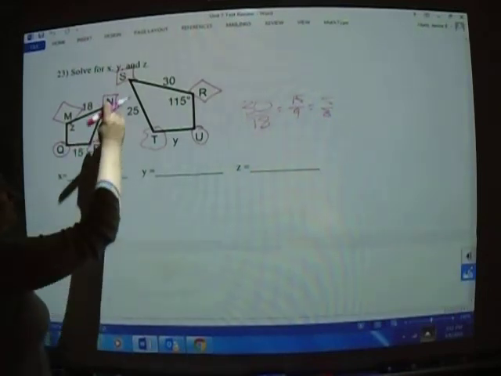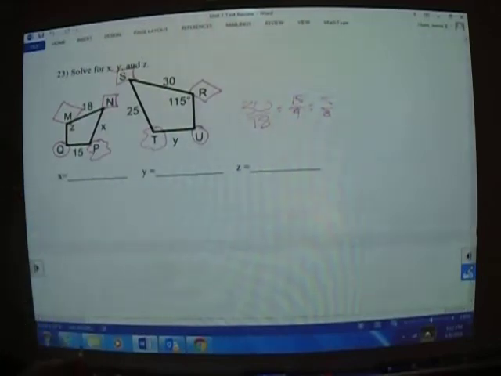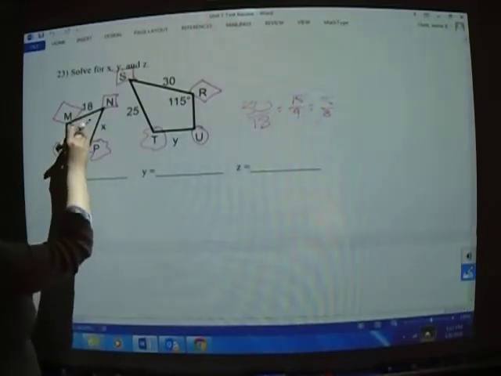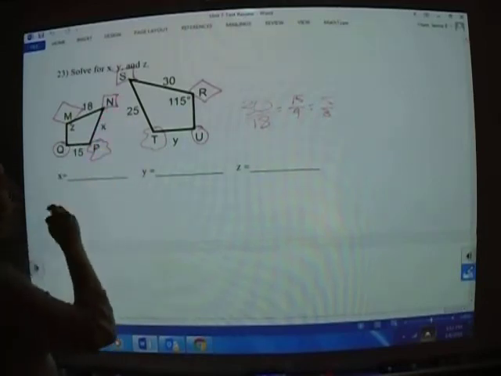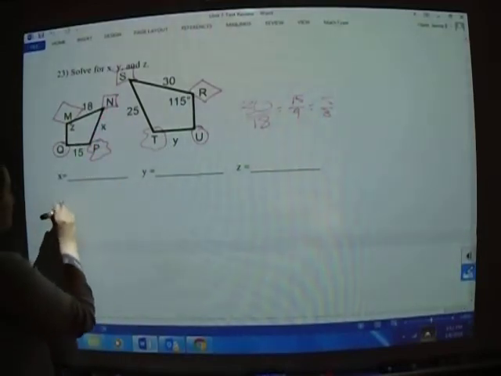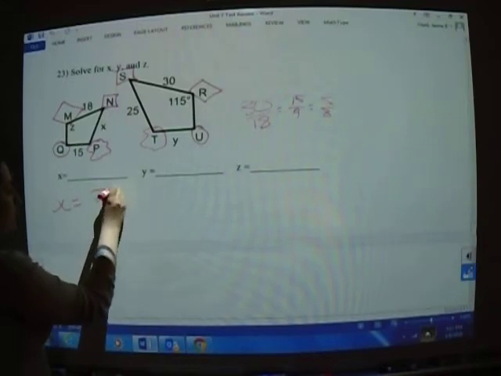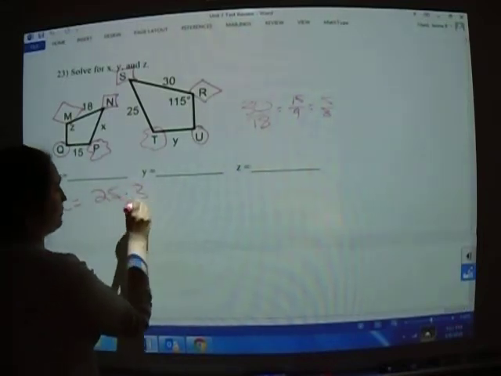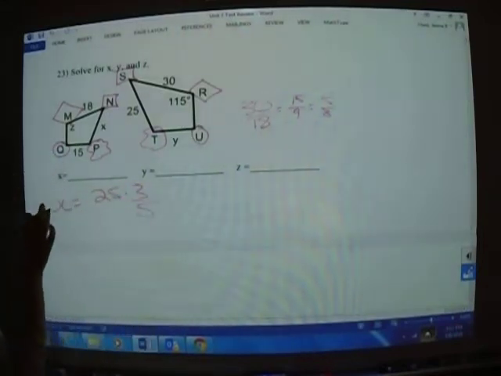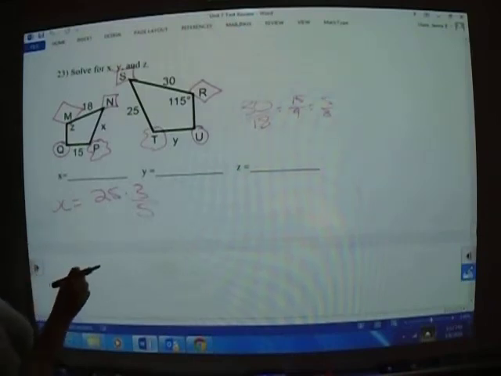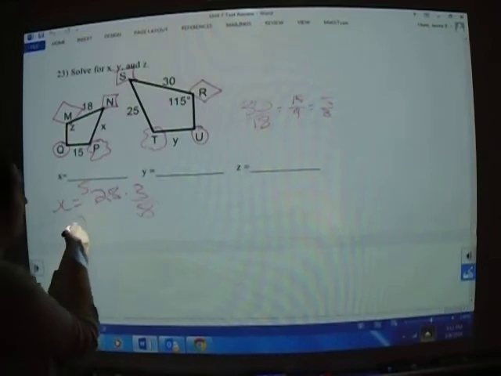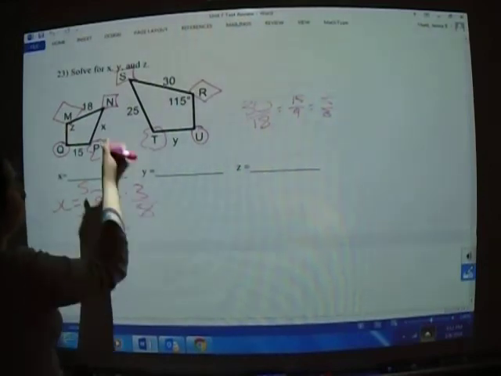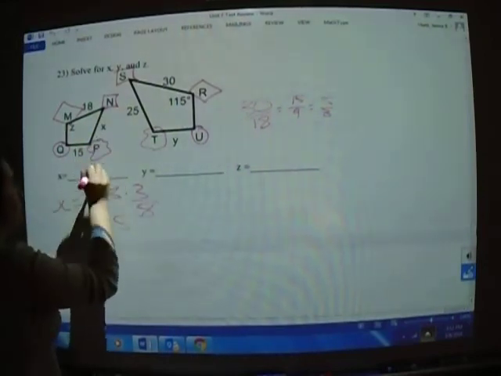NP corresponds with ST. So in order to get smaller, we have to go less than 1. So x equals 25 times 3 over 5, right? Because we're going smaller. It has to be less than 1. So x equals 15. Okay?